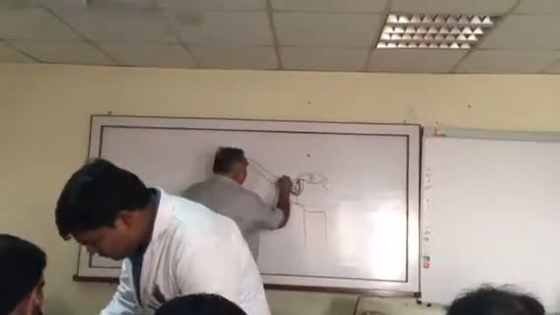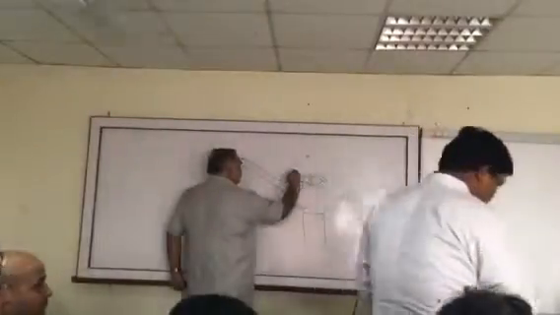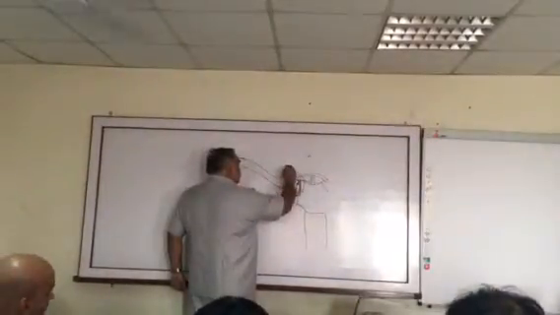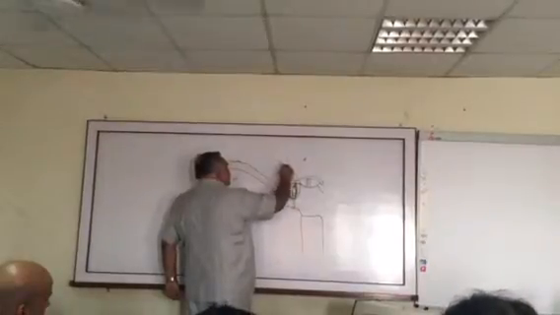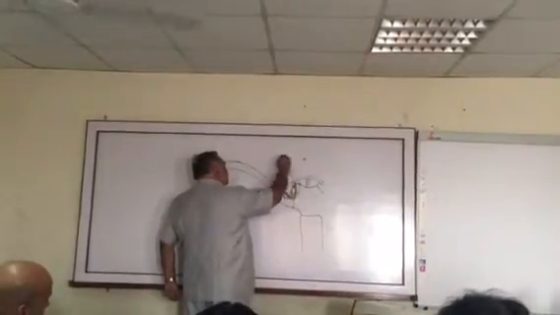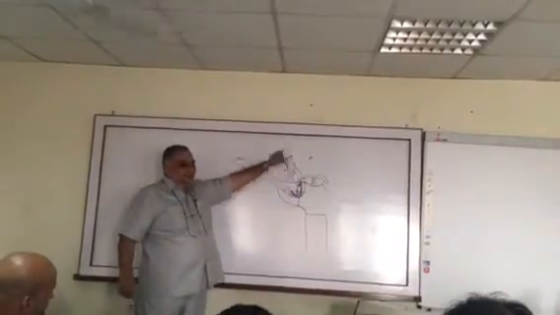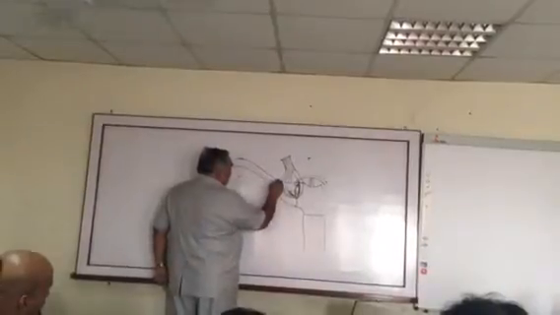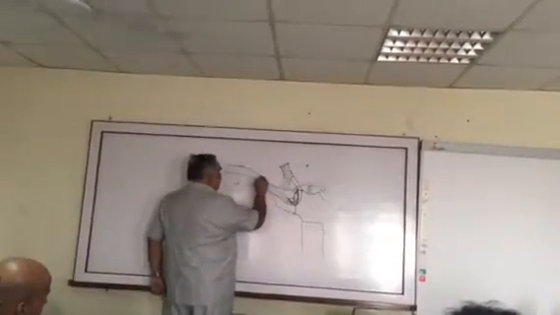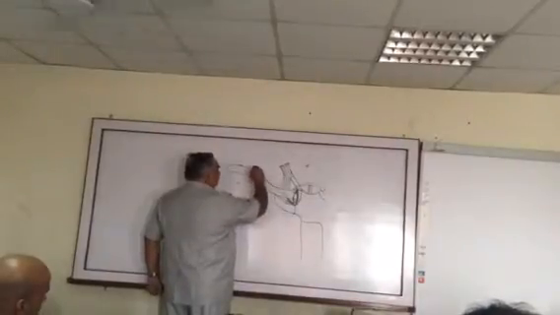And from the posterior border you have the clavicular end of sternocleidomastoid. Okay. On this you have the deep investing layer of the cervical fascia.